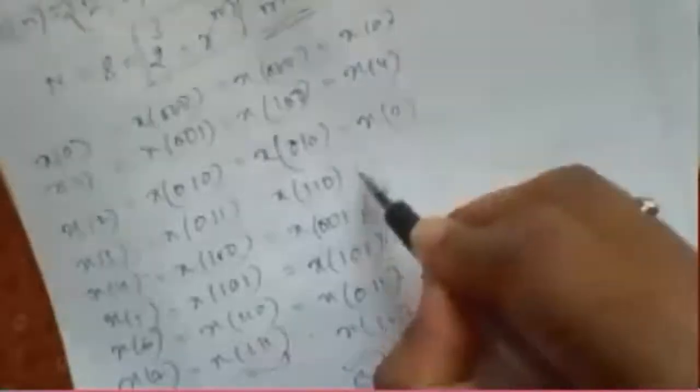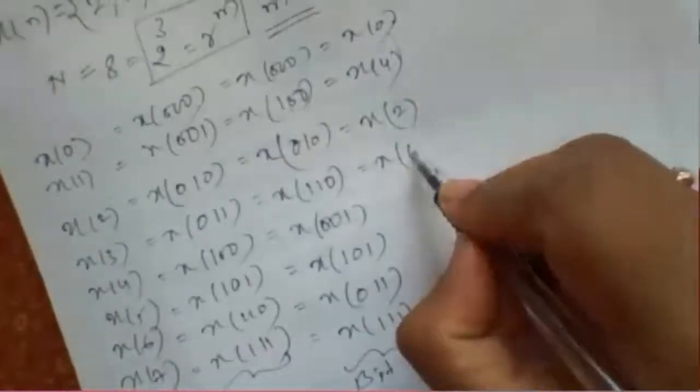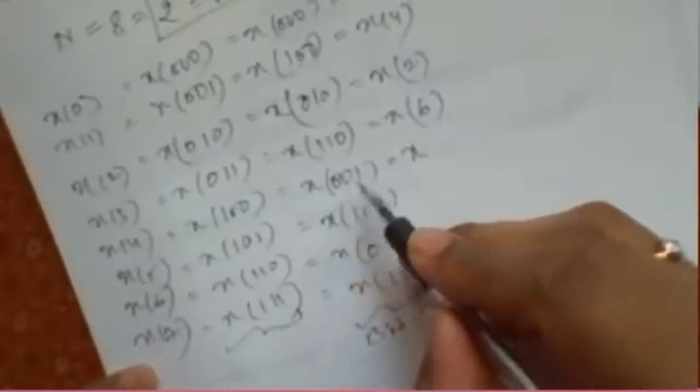Now you write down the sample values. The first one will be x of 0, second will be x of 4, next x of 2, then 110 which is x of 6, after x of 6 it is 001, so x of 1, then 101, that is x of 5, then 011 is x of 3, and the last one is x of 7.